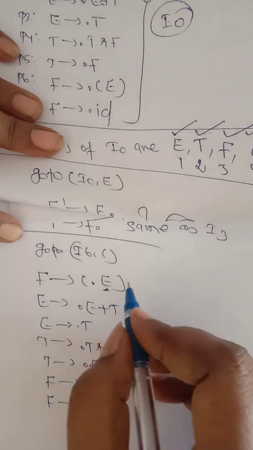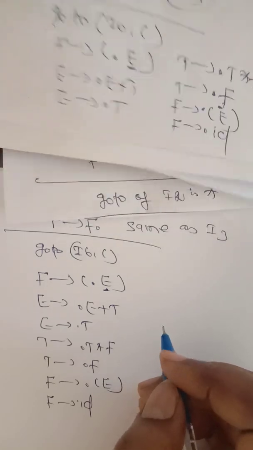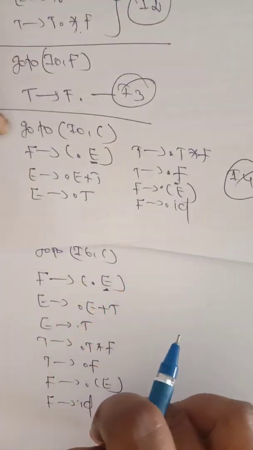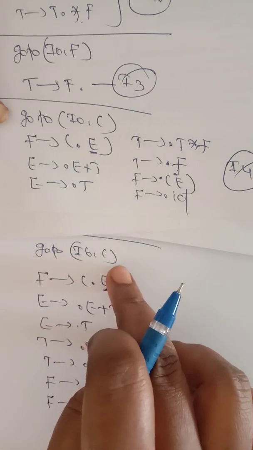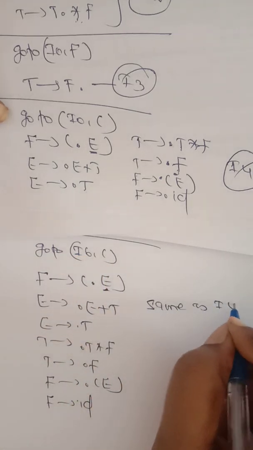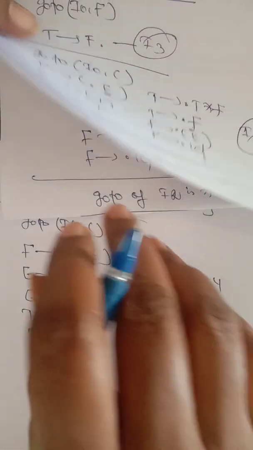This is the same as I4, so I6 comma open bracket is the same as I4.